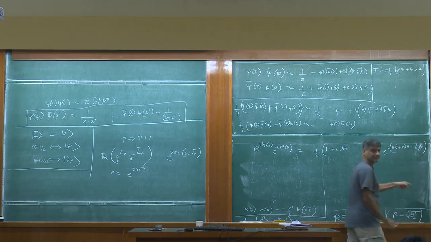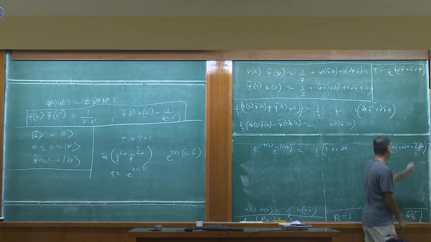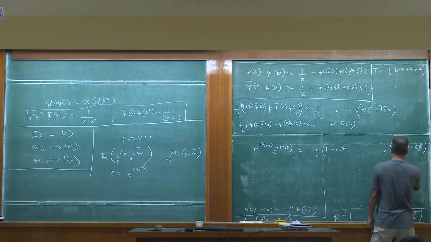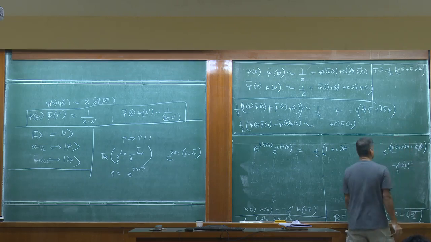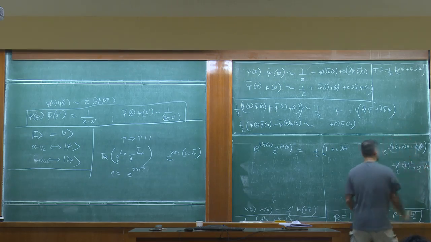And then when you Taylor expand this to second order, you get terms from here and terms from here. So we get i z, the whole thing squared, so minus z squared by 2 del h squared plus i z squared by 2 del squared h.